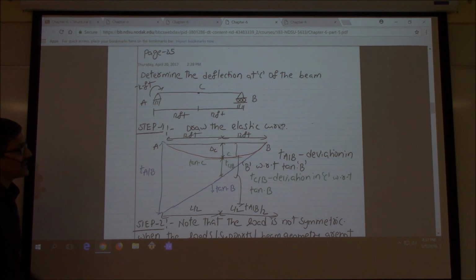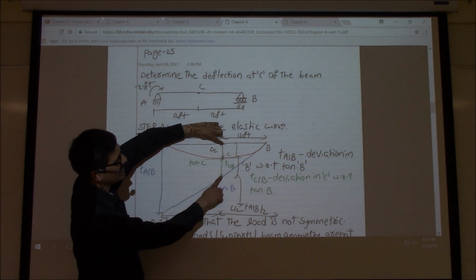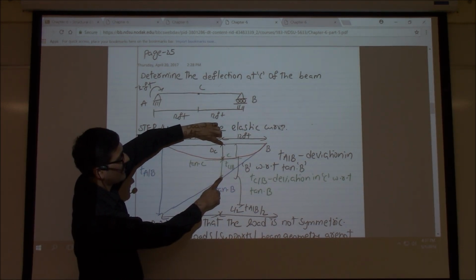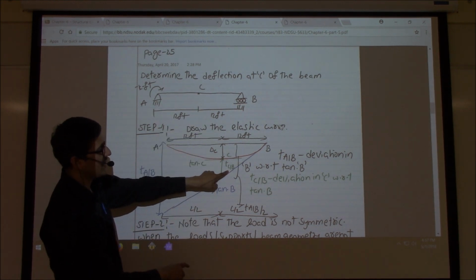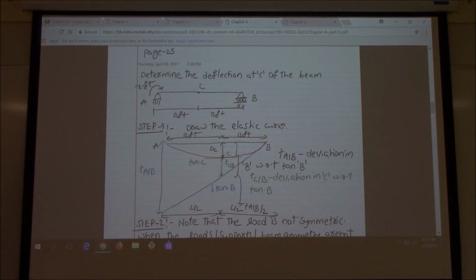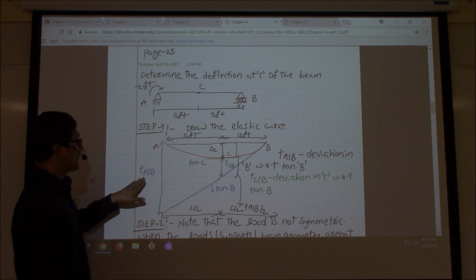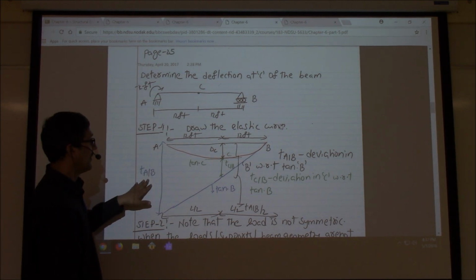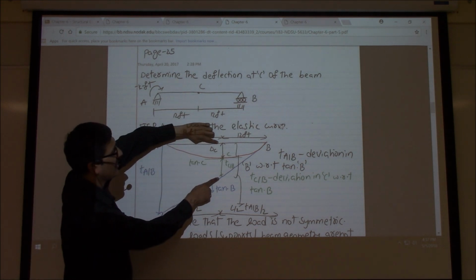If we can magically find out the total distance between these 2 points somehow and subtract this known TC by B, then we get the delta C. How can we do that? In the first place, find TA by B and use similar triangles to find out what this total length is.